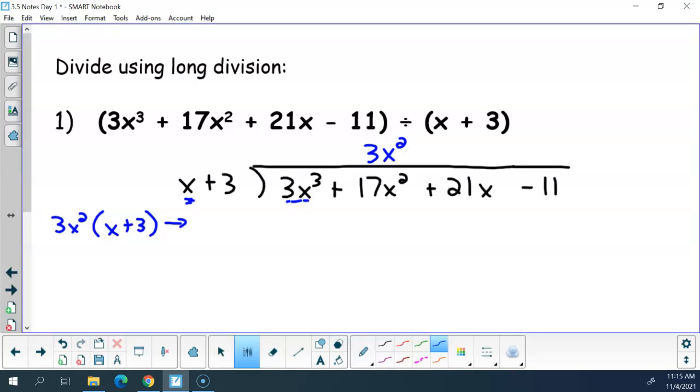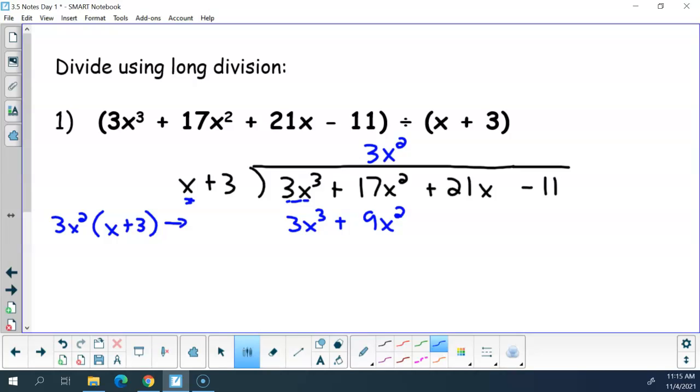What is 3x squared times x plus 3? 3x cubed plus 9x squared. Then what did we do? We subtracted. Now here's the difference.